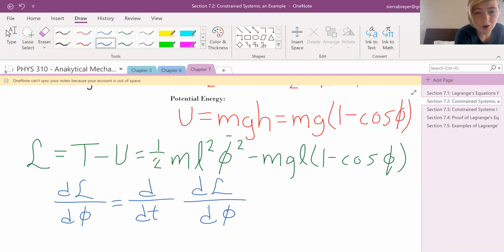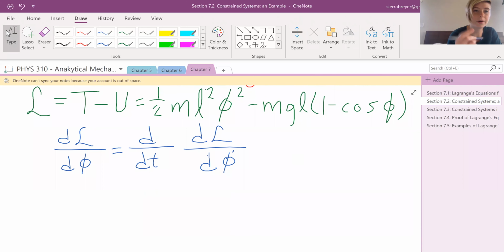Our length acts like the r in polar coordinates from the section before, but it's not going to change because we're not changing our string, so we don't have to worry about it. So this really only has one part we have to worry about, and that would be theta.